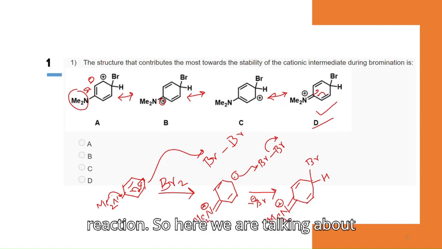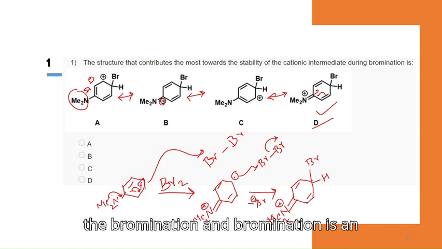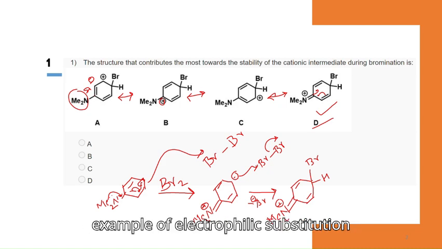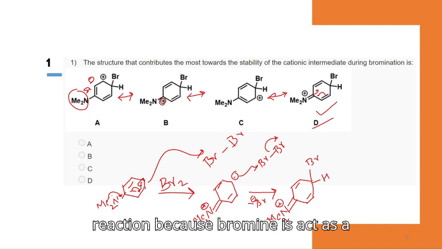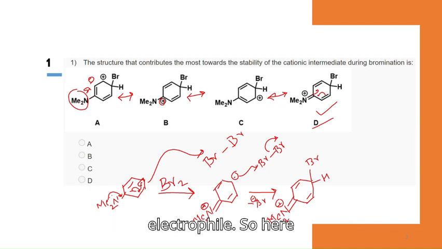Here we are talking about bromination, which is an example of electrophilic substitution reaction because bromine acts as an electrophile.